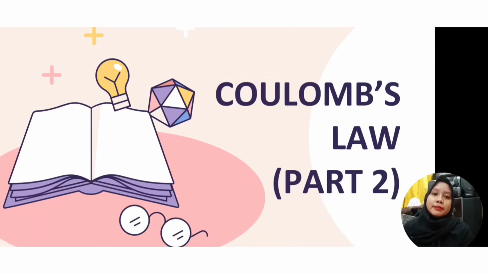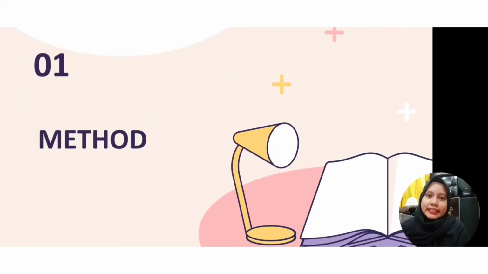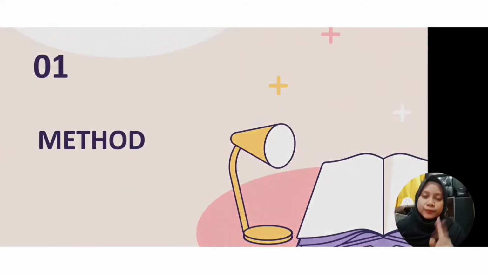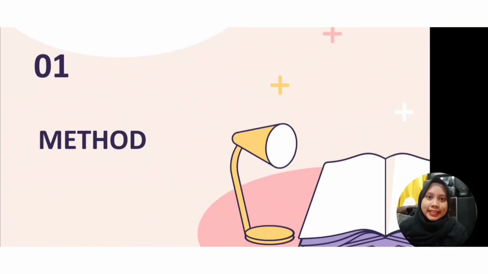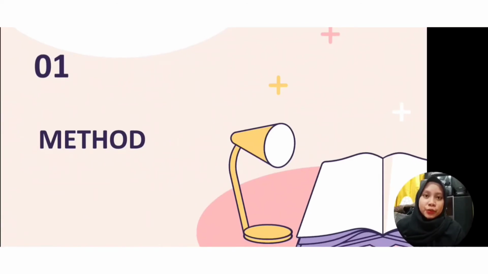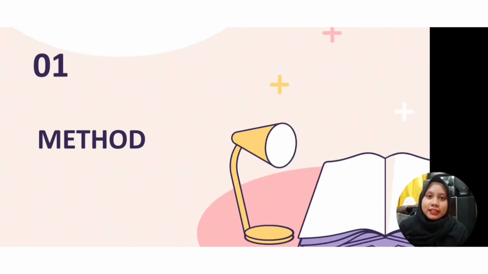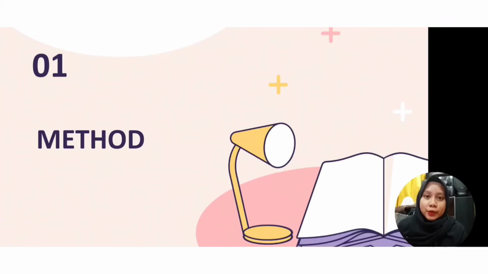Assalamualaikum, I am Shamimie and I will present Coulomb's Law Part 2. I will start by explaining the method. Firstly, the PhET simulation was opened. Secondly, the charge Q1 and the distance R were fixed at 5 microcoulomb and 6 centimeter respectively.